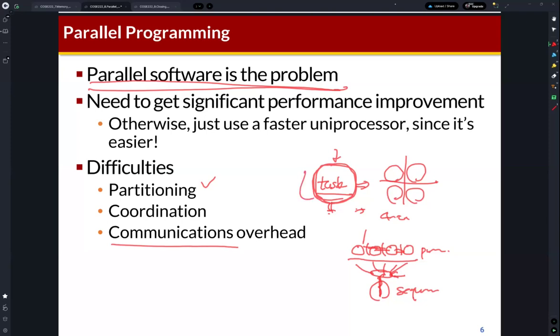These are some challenges for parallel programming. Because of this overhead, it's not easy to implement scalable systems, right? A scalable system means that if there are 4 cores, the performance can be improved by 4 times, but it's not easy because of these challenges, okay?